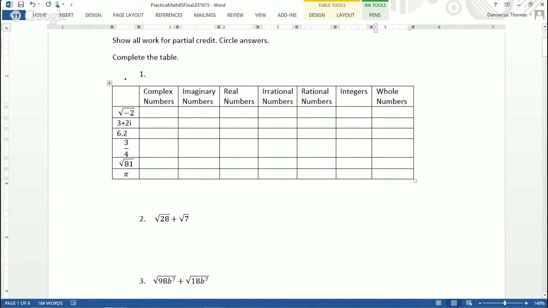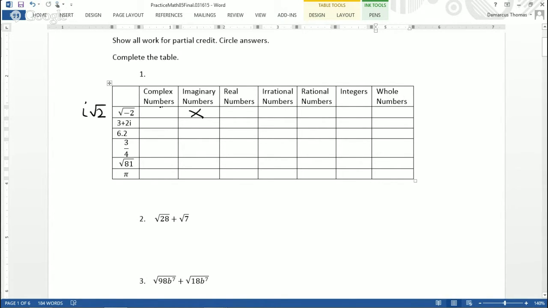All right, so the first one says to complete the tables. Just check off which number these will be. Again, the square root of negative 2 is the same as i times the square root of 2, and that's considered an imaginary number.